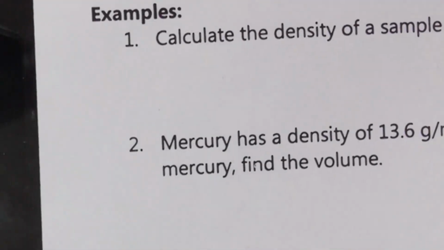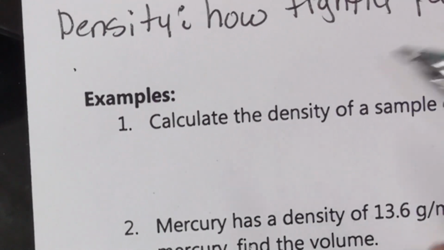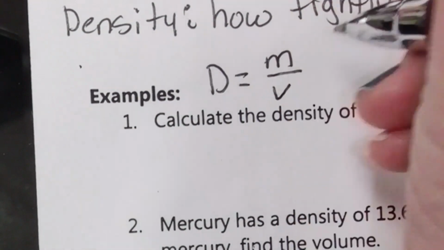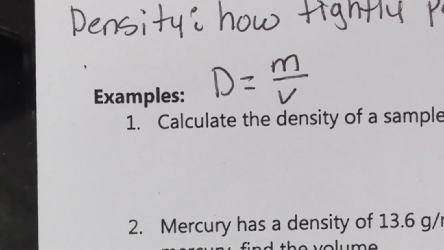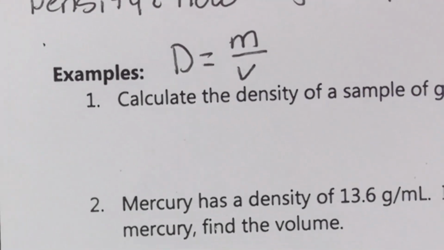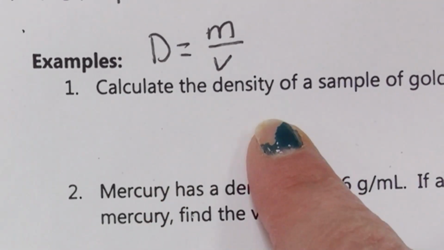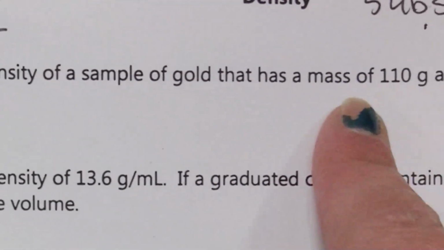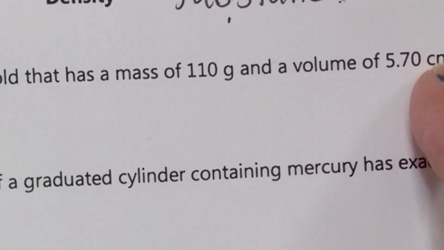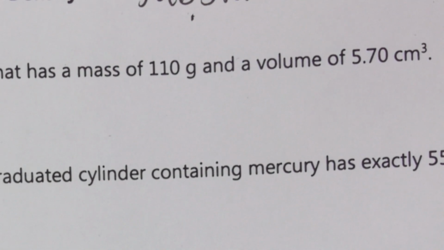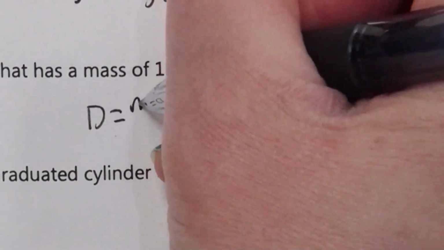And in order to do some practice problems, we need a formula. Density is defined as the mass of the substance divided by the volume of the substance. So if I want to calculate the density of a sample of gold, which has a mass of 110 grams and a volume of 5.7 centimeters cubed, density is mass divided by volume.